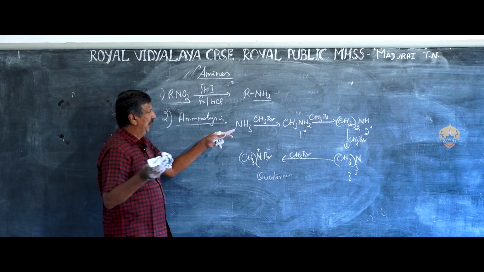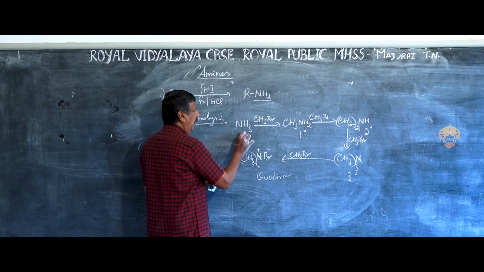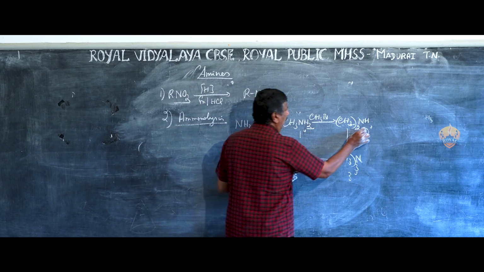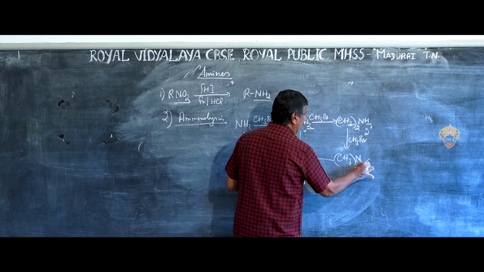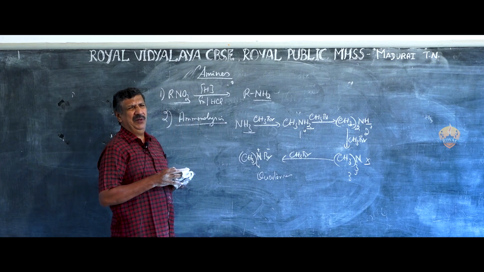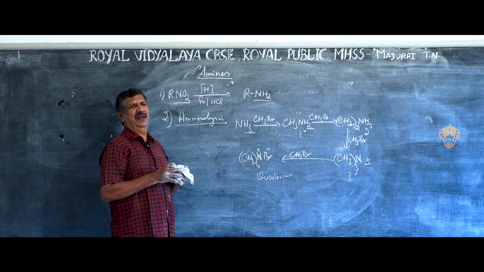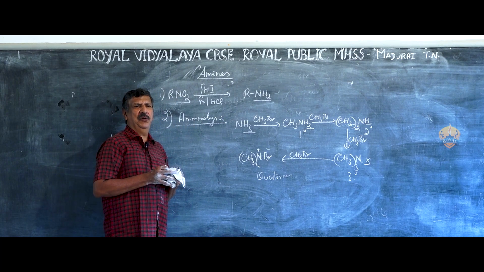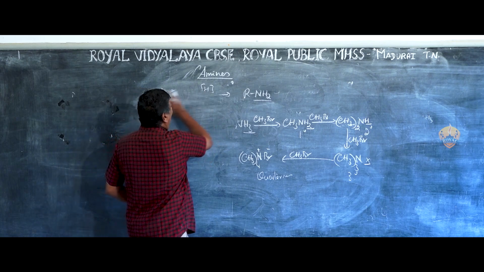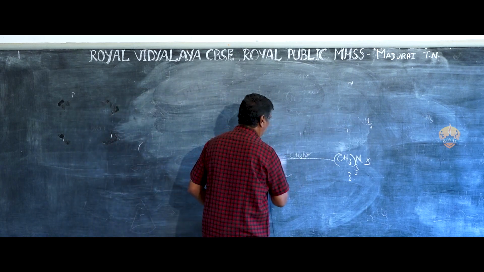In all this reaction, you can watch, you have 3 hydrogen, 2 hydrogen, 1 hydrogen, no hydrogen. Slowly the hydrogen is decreasing, finally it goes into quaternary salt.